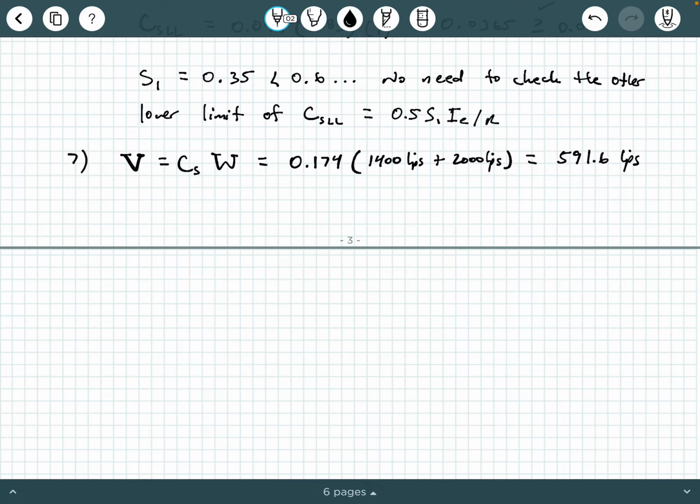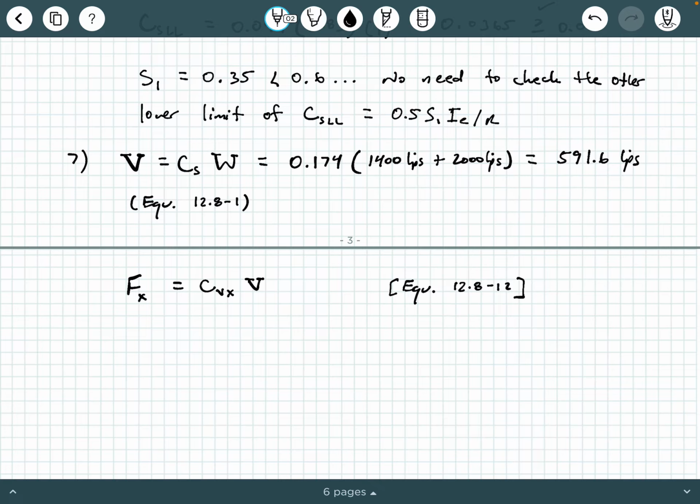By the way, this is from equation 12.8-1 of ASCE 7-22. Next, we're going to get our story forces, okay? So our story forces, F sub x, is equal to C sub vx times that seismic base shear we just calculated, okay? And this is equation 12.8-12 in ASCE 7-22, okay?